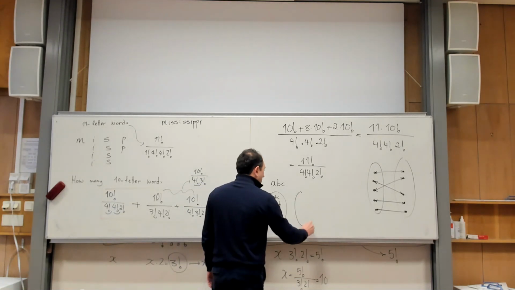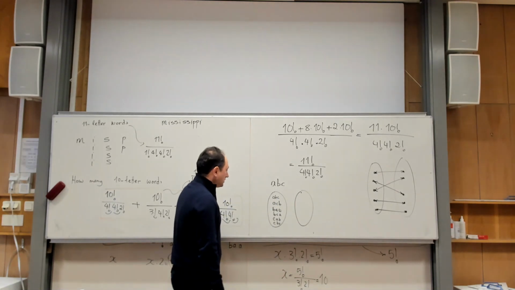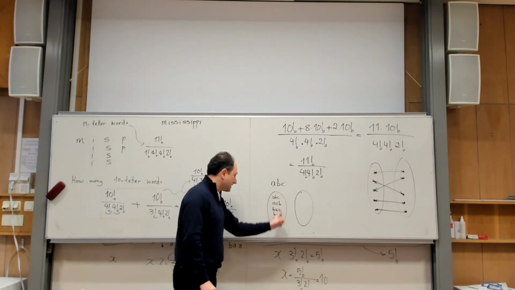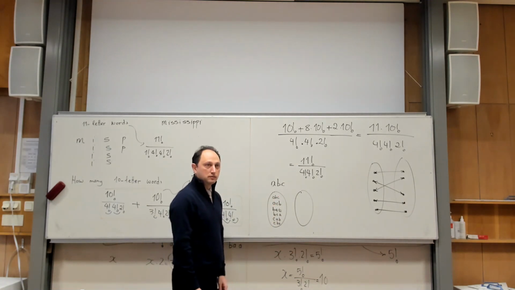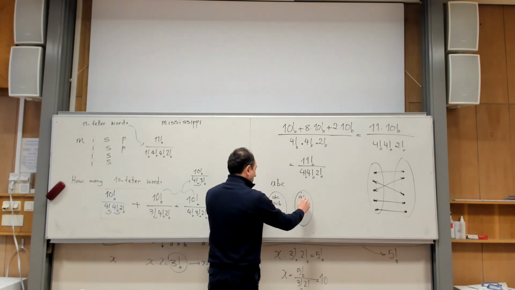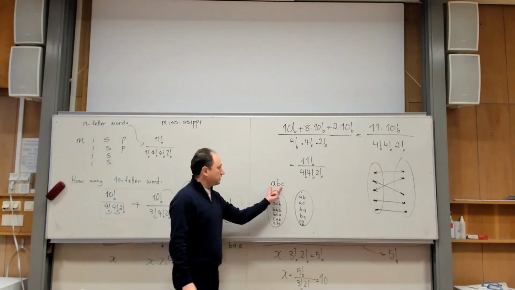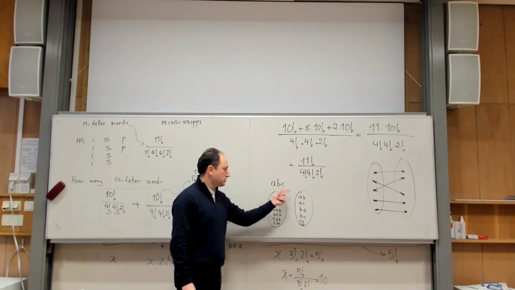But now, I tell you, drop the last letter from each one of them. What do you get? You get AB, AC, BA, BC, CA, CB. Now, can you imagine another 2-letter word from this which is not written here?